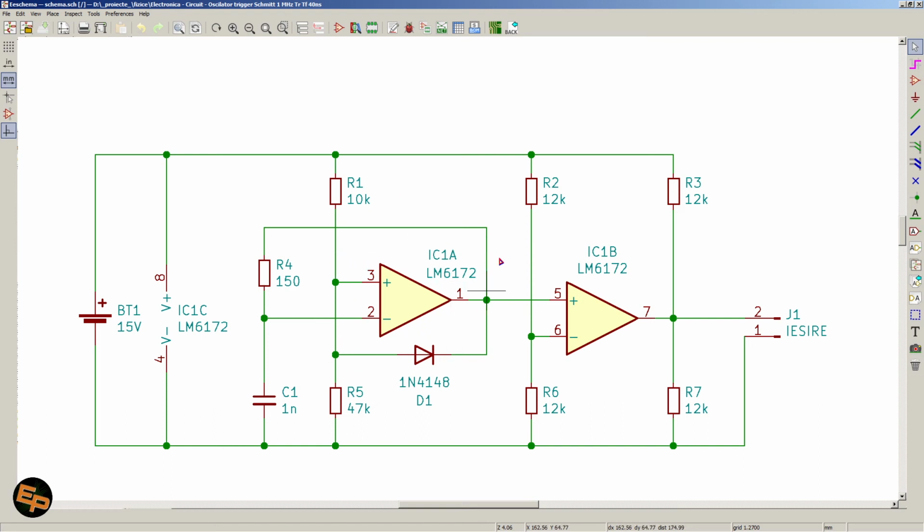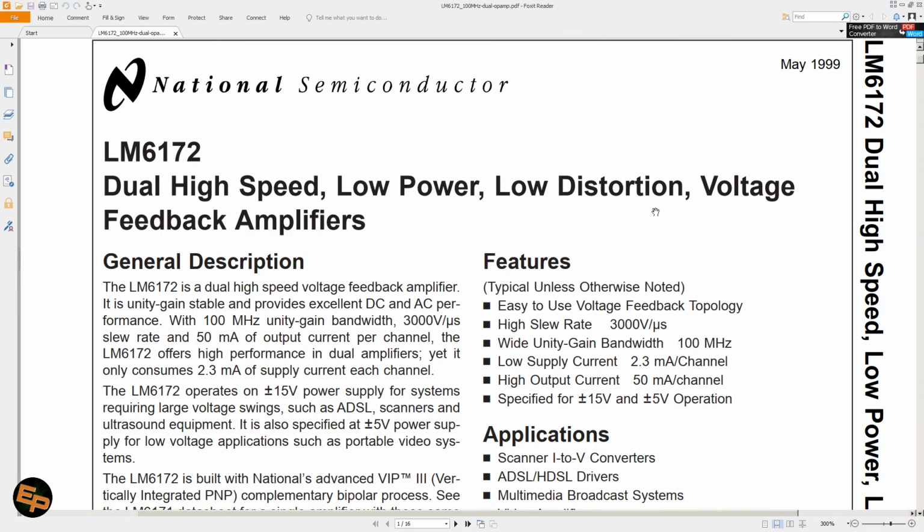Also, you can use any other op-amp that has a very high slew rate, because honestly, this is the only thing that we care about when we are trying to generate a square wave like this with an op-amp. All we care about is the slew rate of the op-amp.